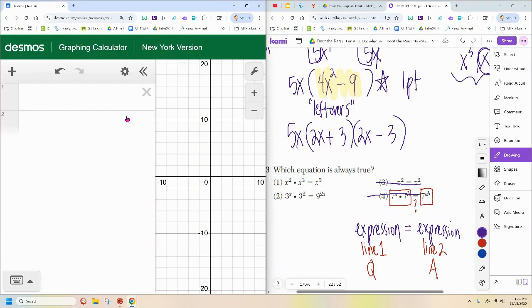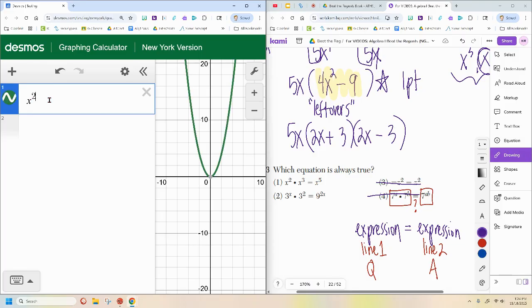So now we're moving over to these. And when we go to these, I am going to go ahead and do the same thing and go x squared. And I can see that graphs are being made. I'm not going to get too worried about graphs. I can, though. Well, I will get worried about graphs. I'm going to take that out. Okay, x squared times x cubed. Okay, there it is. There's my graph.